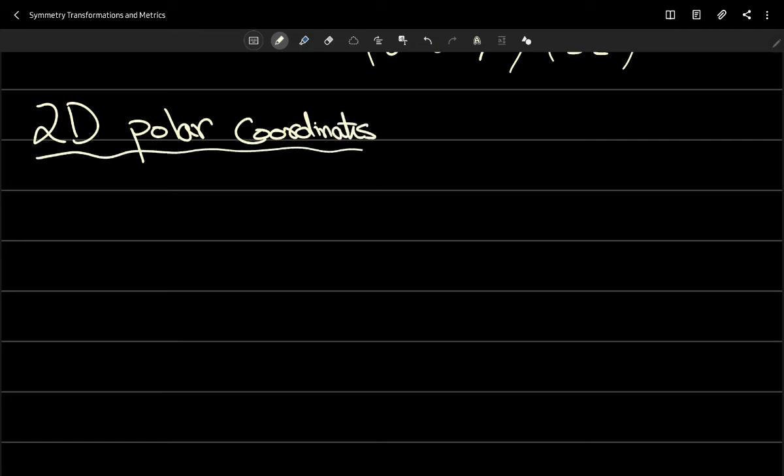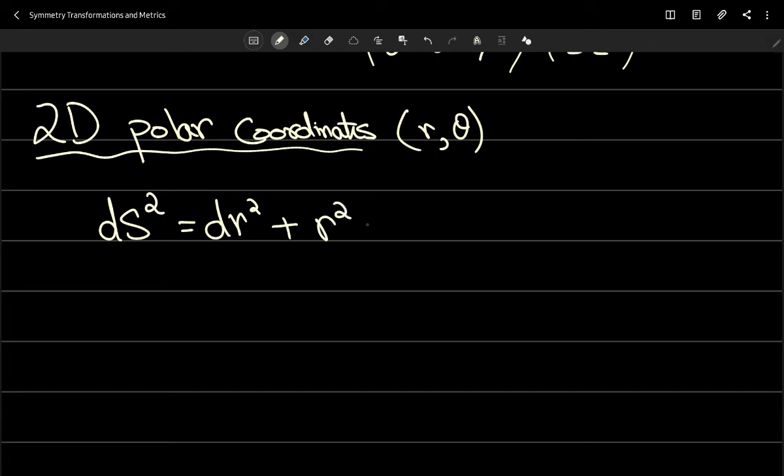And the coordinates are r and theta. Then infinitesimally, you would have ds squared being equal to dr squared plus, now if you remember this, r squared d theta squared, right? And so what is that?